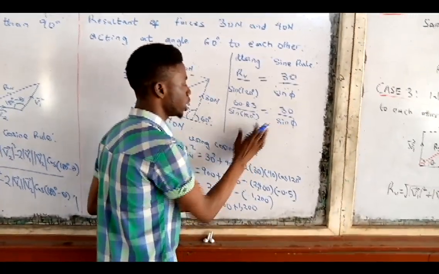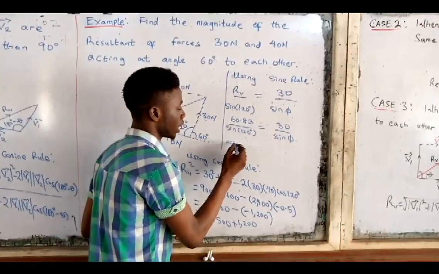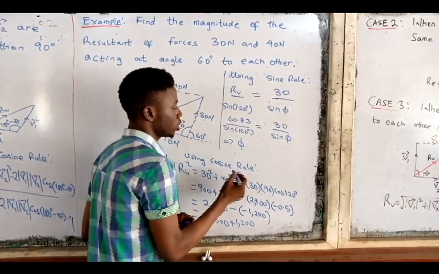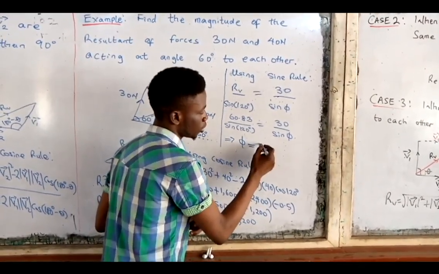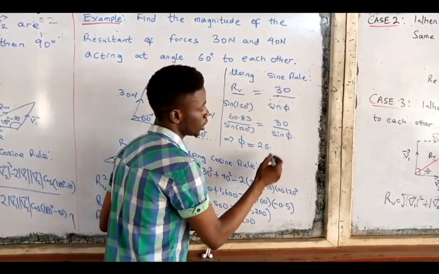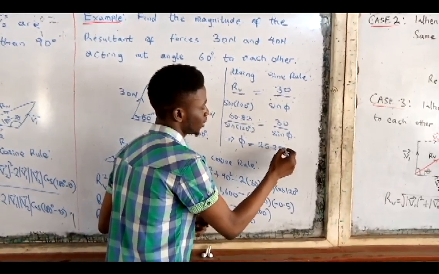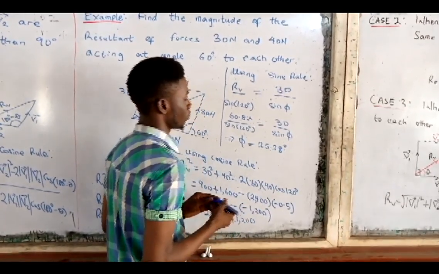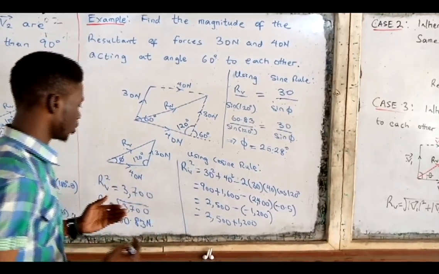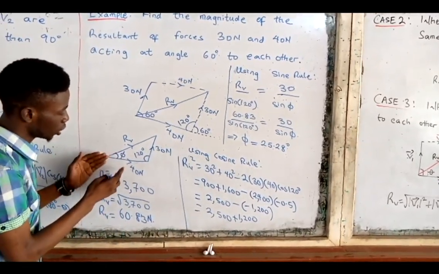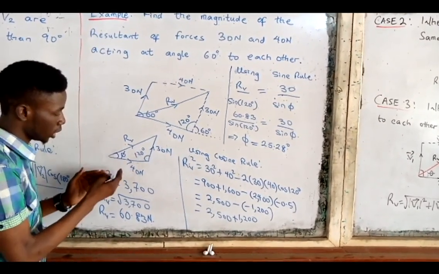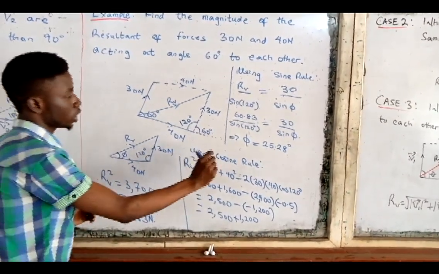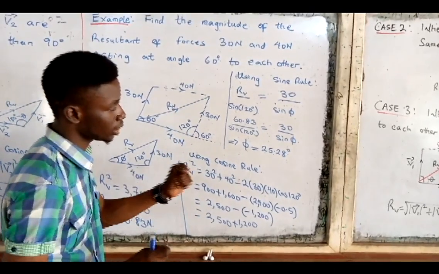If you compute this very well, you find out that the value of phi is 25.28 degrees. That is the direction of the resultant vector from the force 40 Newton: 25.28 degrees.